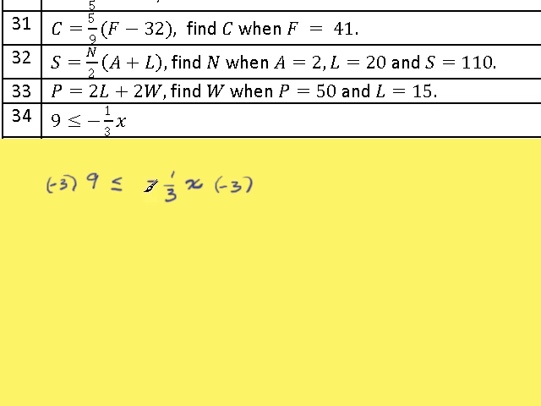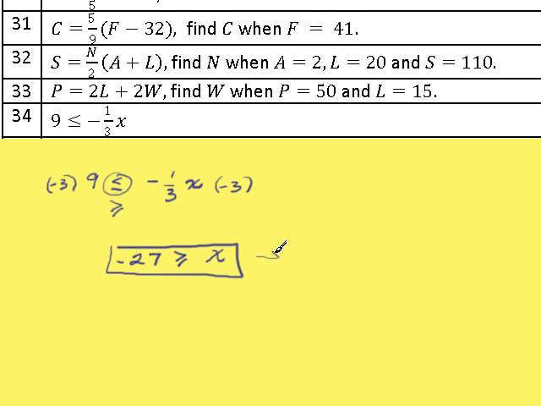And since we're multiplying by a negative, we switch the direction of the inequality. Okay, so on the right side, we just get x by itself. And here we have minus 3 times 9, that's minus 27. So that's it, x less than or equal to minus 27.